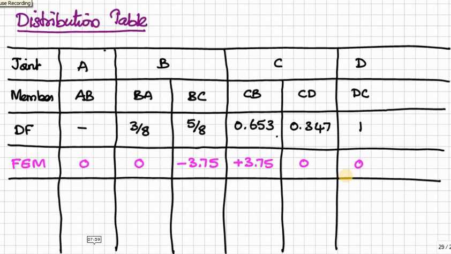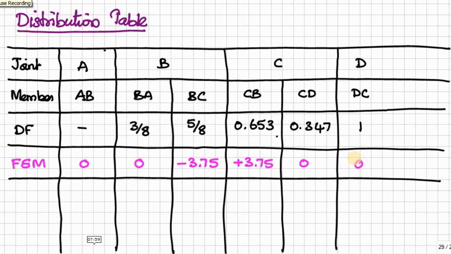We have to check whether at the D joint, we have 0 net moment or not. But fortunately, in this problem, we have 0 moment against joint D. Therefore, no need to balance at that joint D. Joint D is already in balanced condition, in equilibrium.